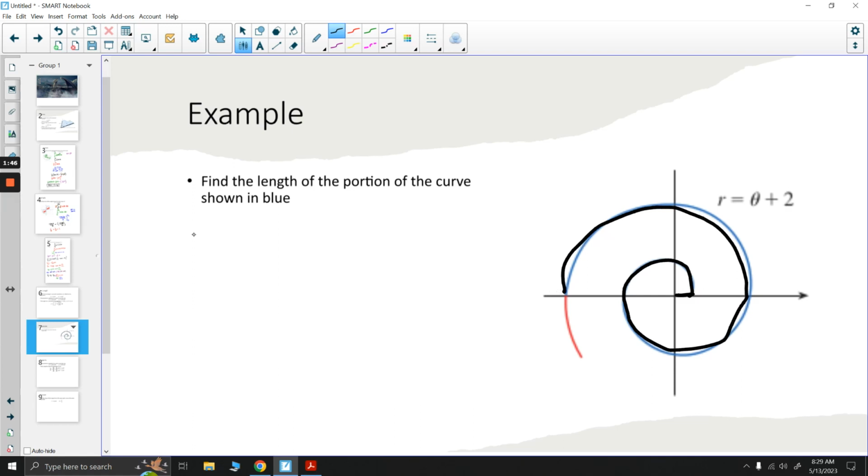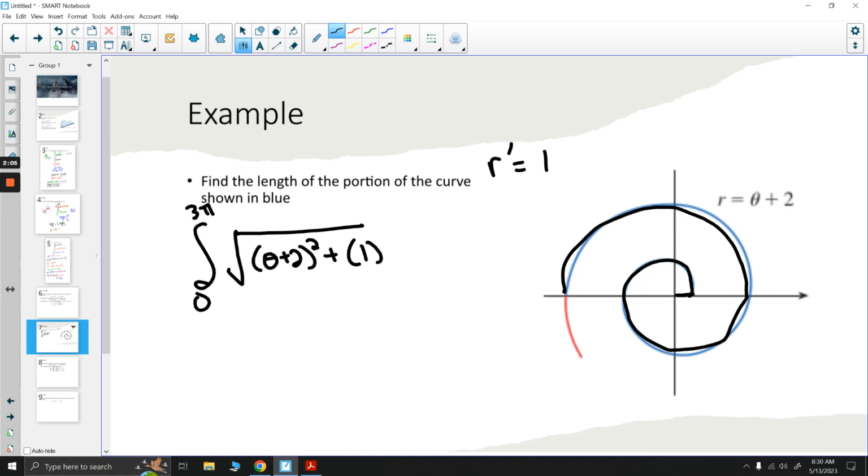So it's to 3 pi. So we're going to take this integral from 0 to 3 pi of the square root of r squared, which would be theta plus 2 squared, plus, now r prime is just going to be 1, so that would be plus 1 squared d theta.